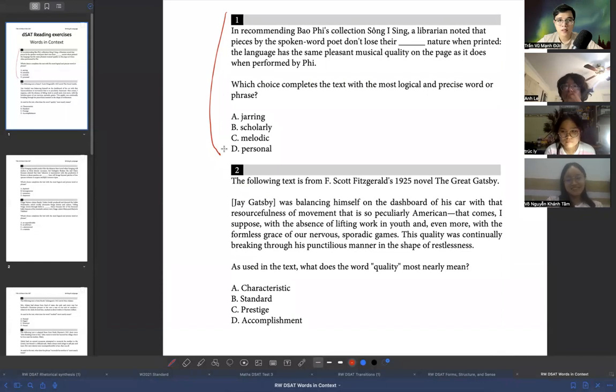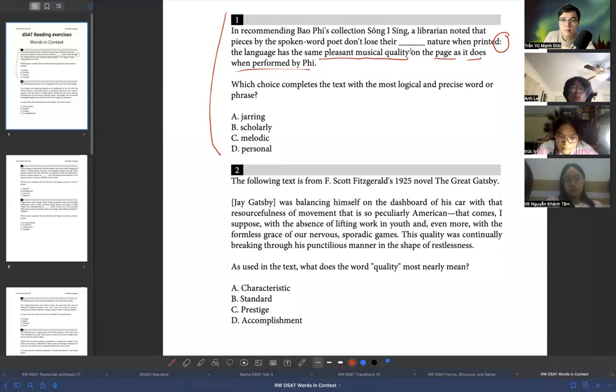Right, C. Okay, let's see. There's one clue, which is the comma. Oh, no, a colon. I'm sorry. This is a colon, so it supports the idea that's directly before it. So "don't lose something natural when printed." Colon, meaning that they're explaining why they don't lose something when printed. The language has the same pleasant musical quality on the page as it does when performed.